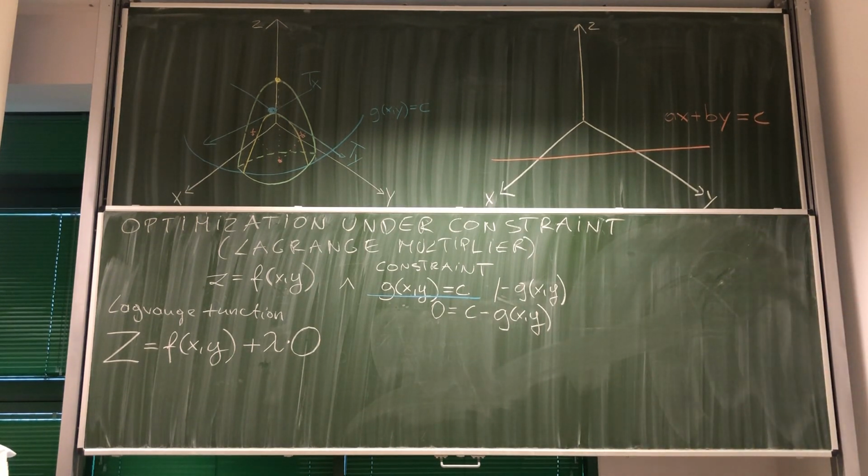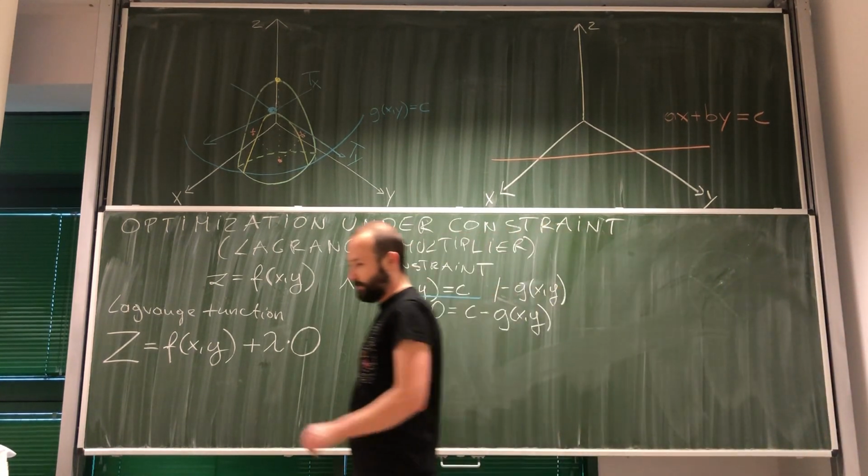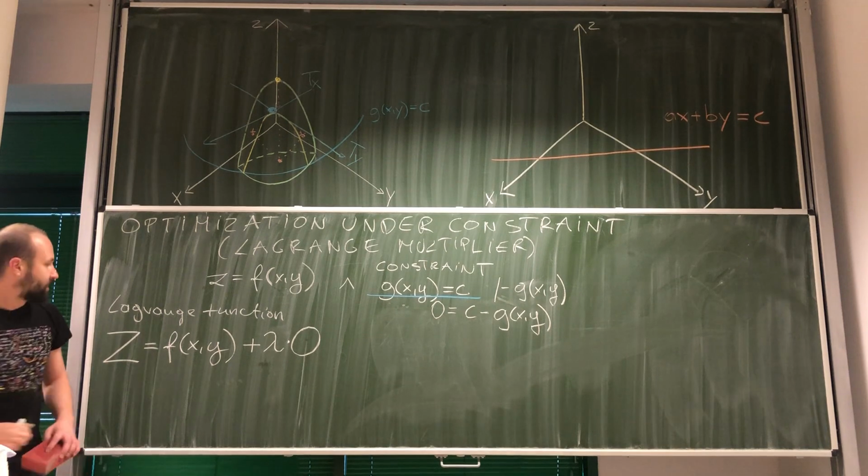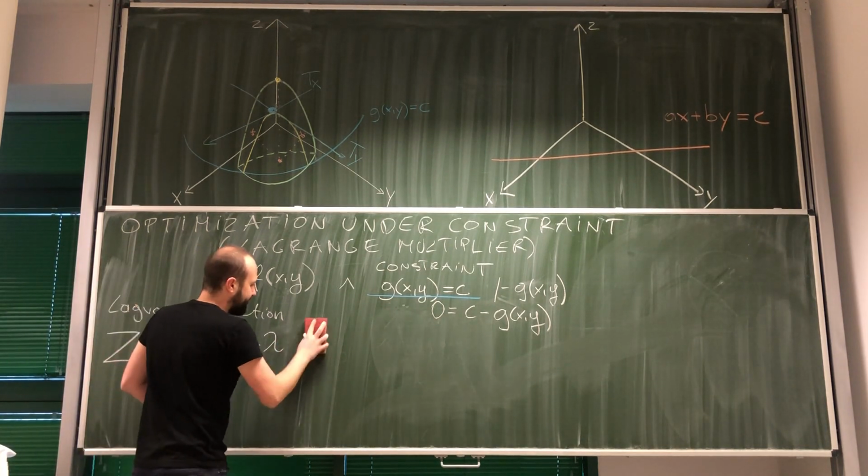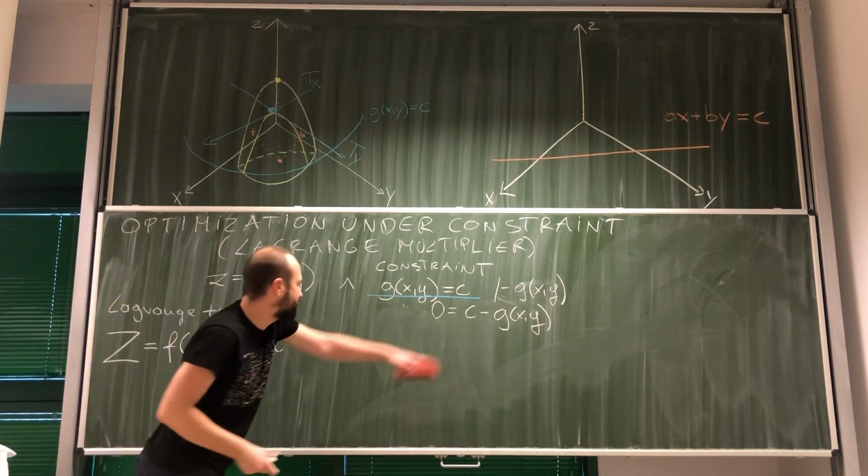Okay, and now we've got a 0, but this is a very useful 0, as you will see. So now I can finally take this 0 and replace it with this 0.